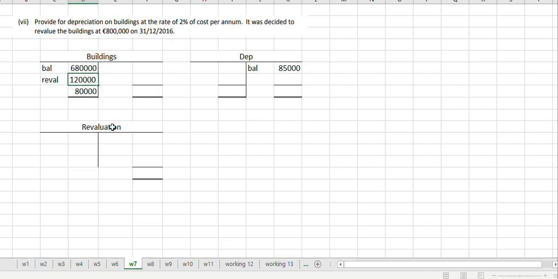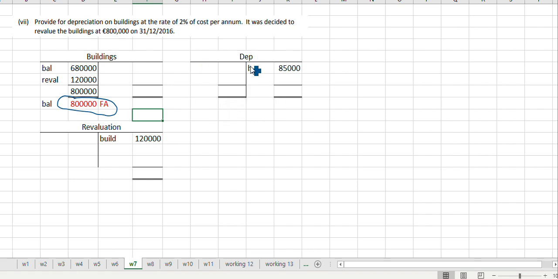So debit buildings, credit revaluation, 120,000. So your buildings is now 800,000. That is your fixed asset buildings. There's going to be no depreciation in the balance sheet. It's just going to be 800,000, no depreciation.